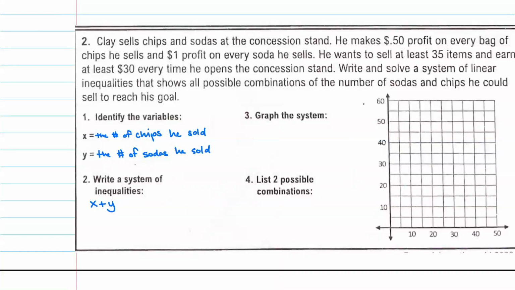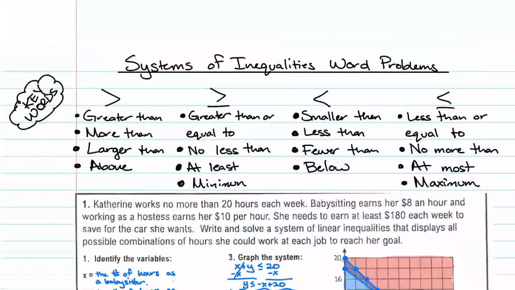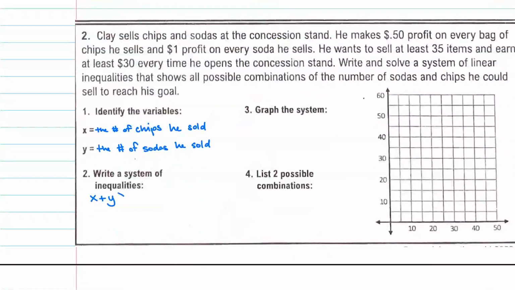That's what it says right here. And when I say at least, at least is this symbol right here. So I'm going to write is greater than or equal to 35. That takes care of my first inequality.